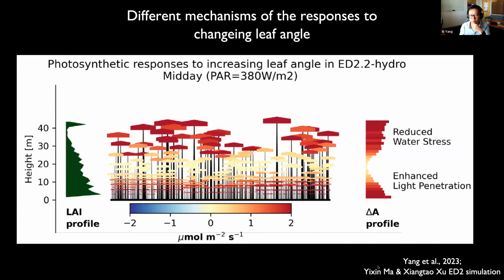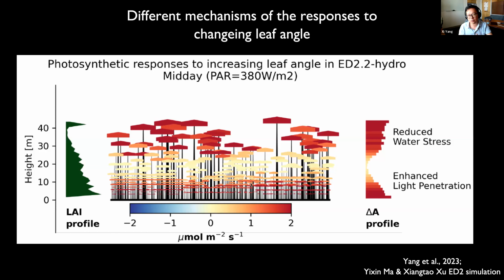Collaborators from Cornell, Yixin Ma and Xiangtao Xu, actually ran this in BCI, Barro Colorado Island, and it shows that when you change leaf angle from 30 degrees, more horizontal, to 70 degrees, more vertical, you see an increase in photosynthesis, in red here, in both the top canopy and lower part of the canopy.